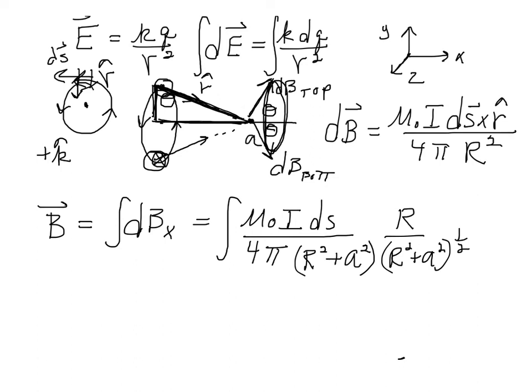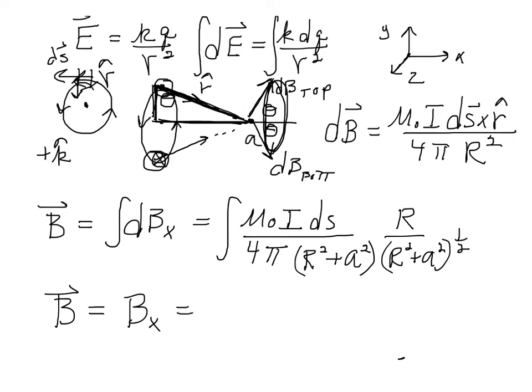We're going to integrate all of those, and our total B at this point A, remember what we're doing, equals the integral of all the dBx's. So the B is the Bx. We already said that. All the yz components cancel in pairs. Only the Bx's survive.